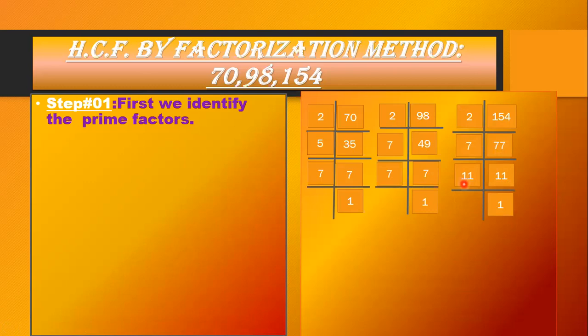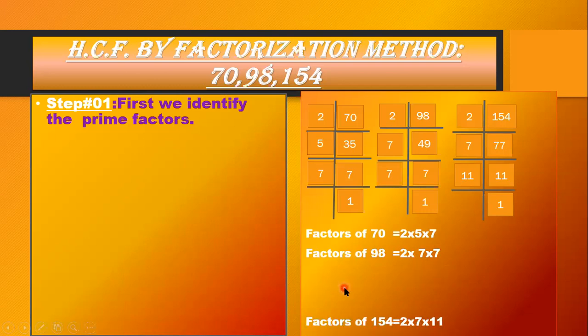Now tell me, what is the next step? We have to write prime factors of 70, 98 and 154. Okay, so the factors of 70 are 2 multiplied by 5 multiplied by 7, and factors of 98 are 2 multiplied by 7 multiplied by 7.